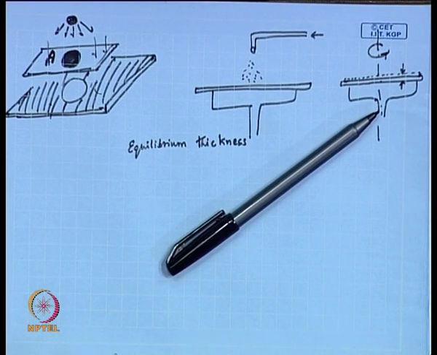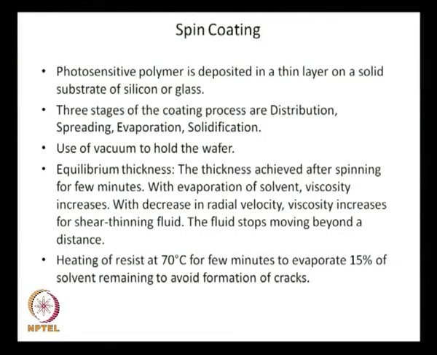Because of this evaporation, this material will become less of a liquid, right. So automatically viscosity increases. What you find is that after you spin for some time, you develop an equilibrium thickness, and you find that the liquid is not moving anymore beyond a distance, all right. So that is referred to as equilibrium thickness.